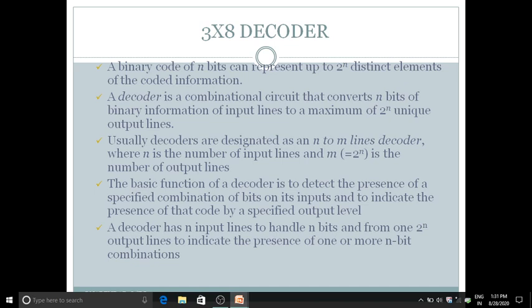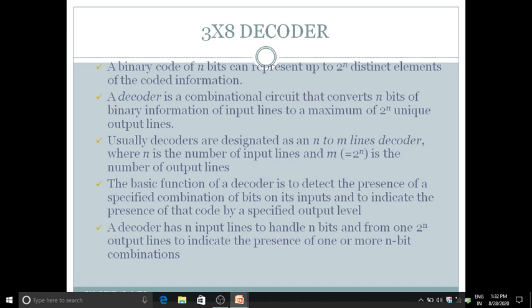Then how to identify the distinct elements from the n bit code? To identify which element the n bit code actually represents, we require a combinational logic circuit.